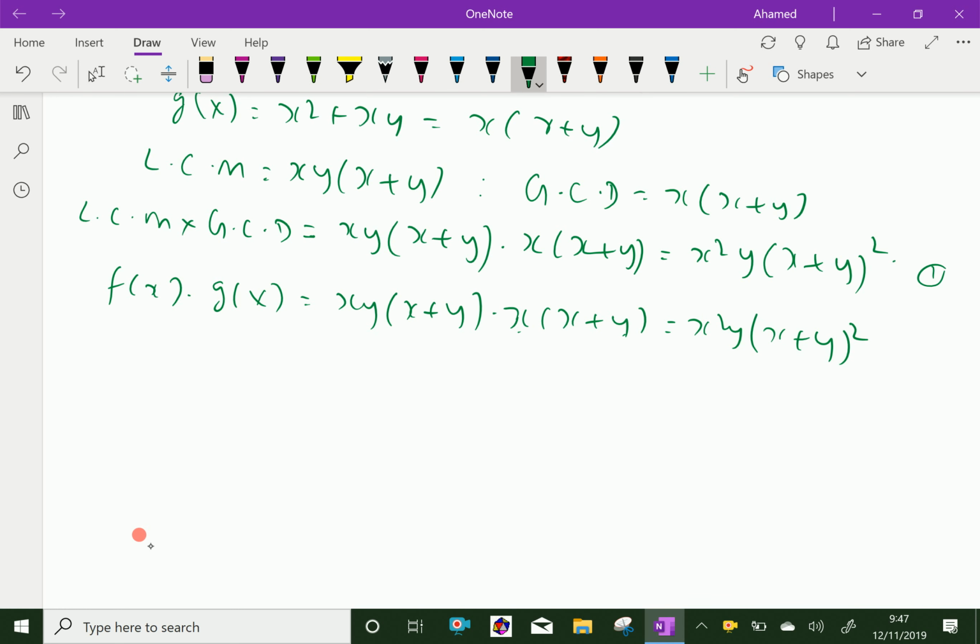Put this as 1 and this as 2. From 1 and 2, we can say LCM into GCD is equal to f of x into g of x.